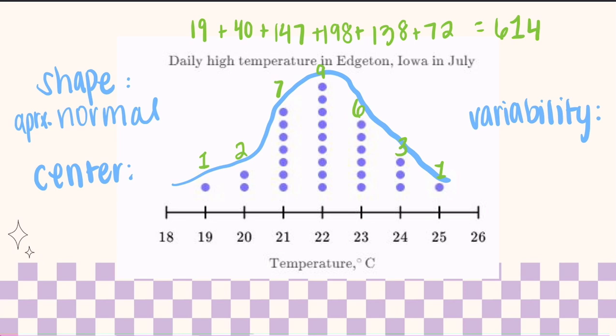Now we're going to take the total number of dots and divide 614 by it to find the mean. I can also just add them all up: 10, 19, 25, 28, and 29.